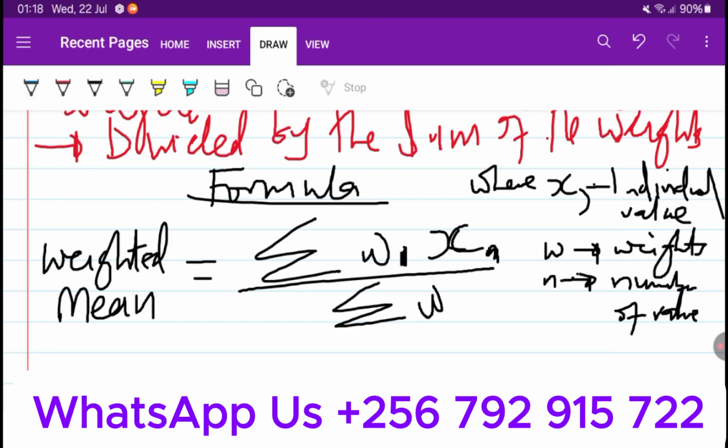So the data set with high weights contributes more to the weighted mean than the data set with lower weights.